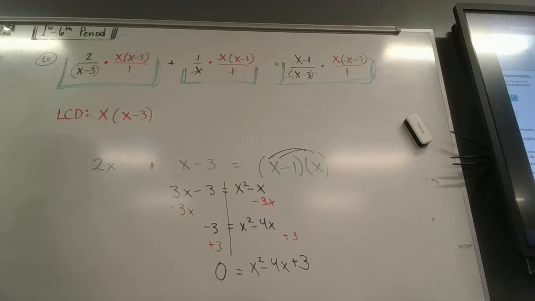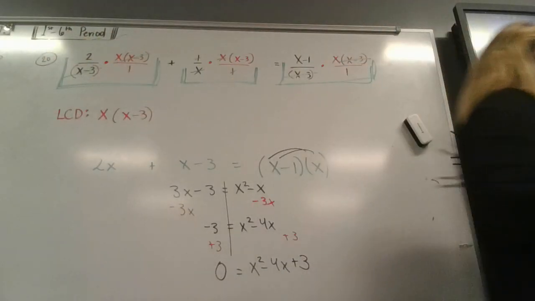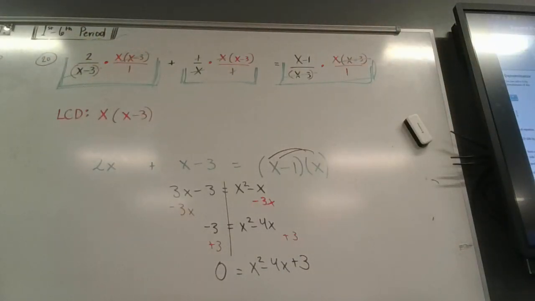And actually, I think one of these answers is going to get rejected. So we are going to get a false solution here. When we look and do a check, we're going to see that it doesn't actually work. There's 2 possible answers, and one of them is extraneous. Okay, so we got to do what multiplies to 3 and adds to negative 4.